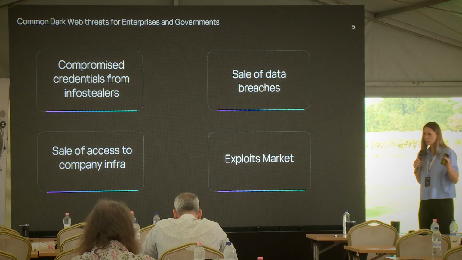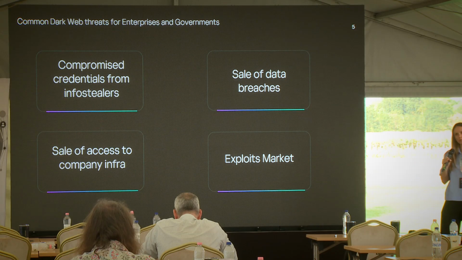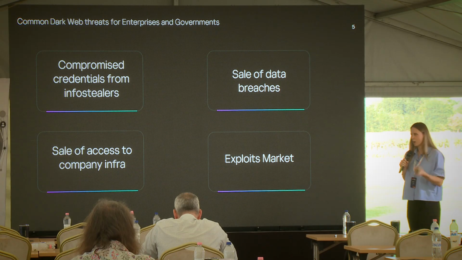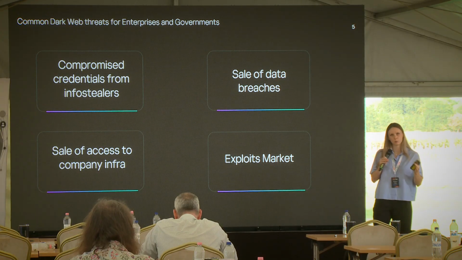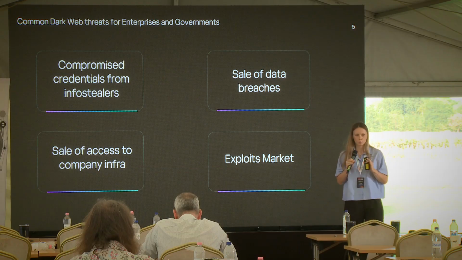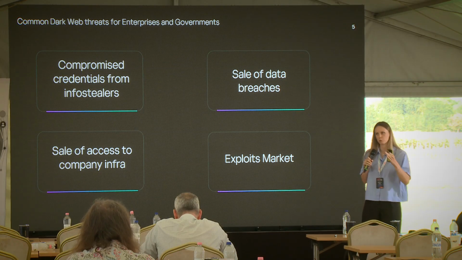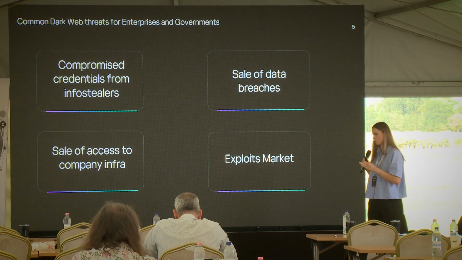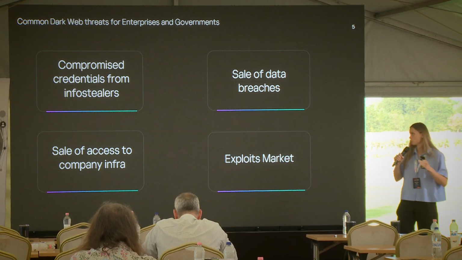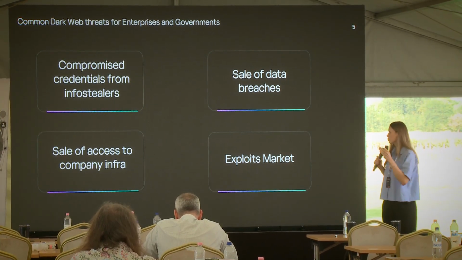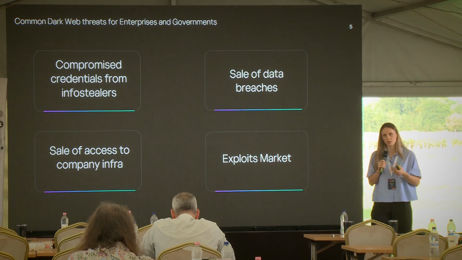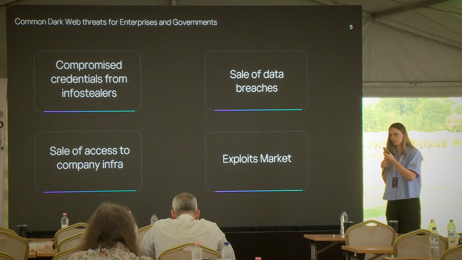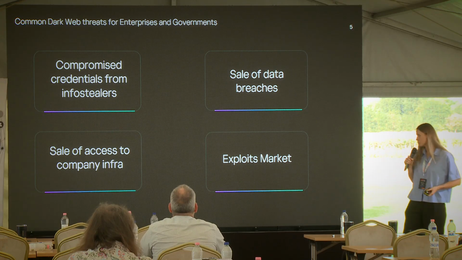If we sum up the most common threats that governments and organizations may face on the dark web, I would split them into 4 categories. Cyber criminals may use compromised credentials from info-stealers. They may exchange them on dark web resources, sell them, buy them, and use them for successful attacks.